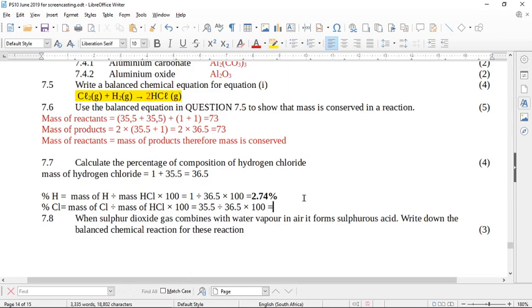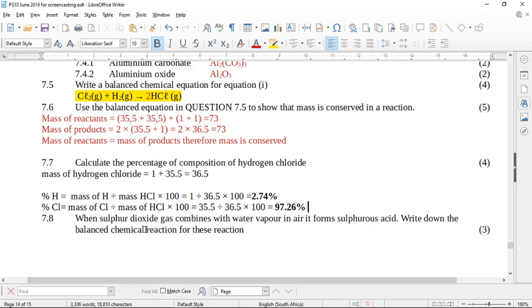And if you put this into your calculator, you end up with 97.26%. Okay, and so now obviously, these two values should add up to 100%. So this is the percentage composition for 4 marks.